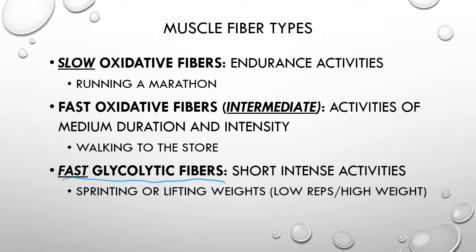They have a preponderance of fast glycolytic fibers. They're meant for short, intense, strong, powerful activities, things like powerlifting, lifting lots of weight for relatively little reps, because that one repetition is going to cause relatively large amounts of fatigue in the muscle itself.